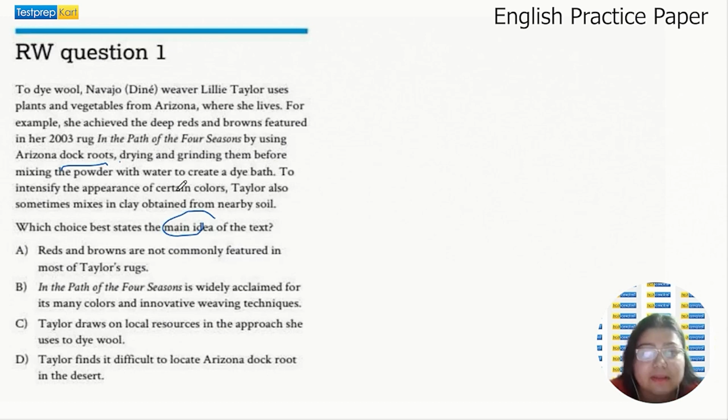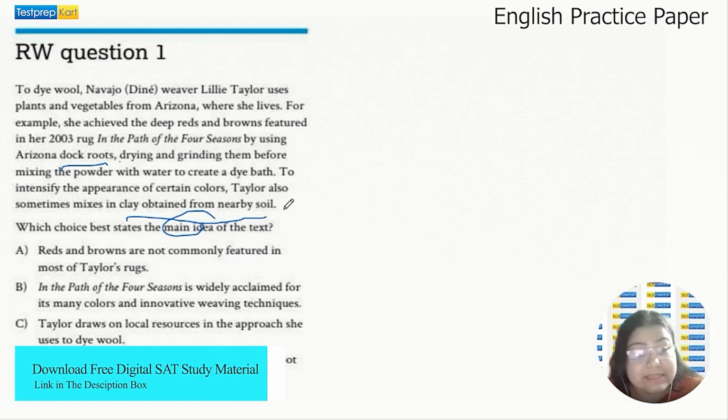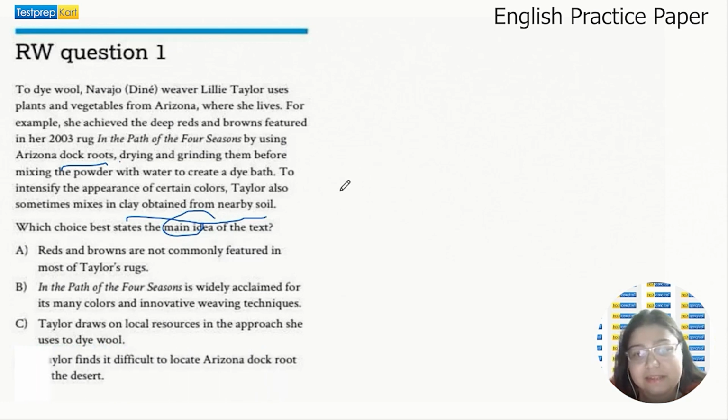And to intensify certain colors, she also mixes in clay obtained from nearby soil. Okay, clay.